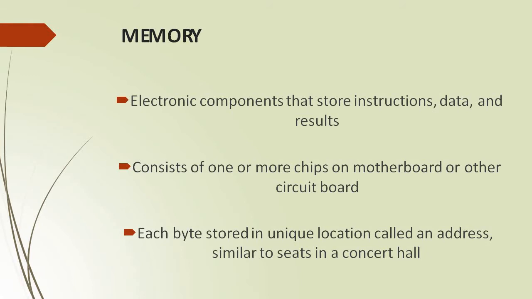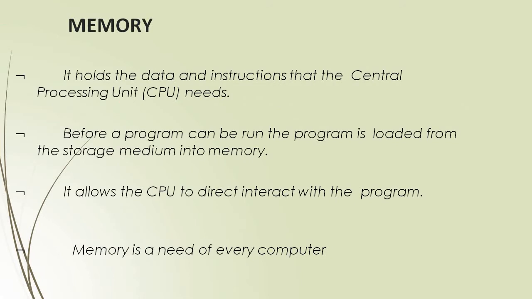Each byte is stored in a unique location called an address, similar to seats in a concert hall. So a specific address is assigned to each unique location in our memory. It holds the data and instructions that the central processing unit needs. Central processing unit means CPU.